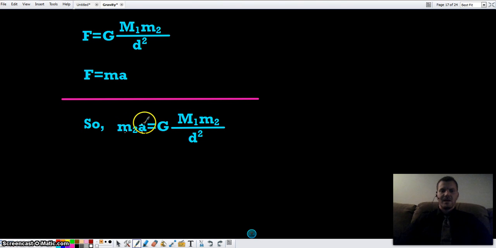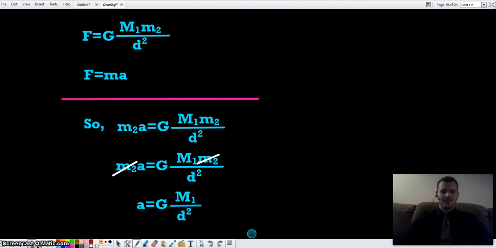So m2a, or mass 2, or our mass, times acceleration is equal to the gravitational constant times the mass of the planet times the mass of us divided by distance squared. We can do some canceling here. We can cancel our mass on this side with our mass on that side. So now the mass of us, or the hammer, or the boulder, none of it matters. Acceleration is equal to gravity times the mass of the planet divided by the distance squared.